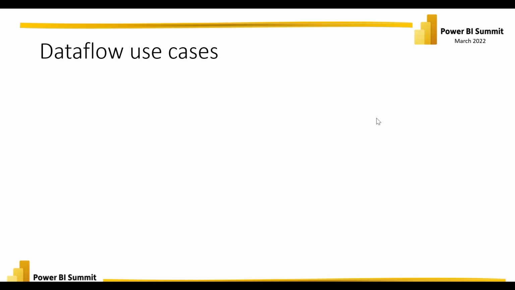Now let us look at what the data flow use cases can be. In many cases, data is not imported into Power BI from a central storage location, but is imported over and over again directly from the source, and this is done in various reports. This approach may make sense to a limited extent.